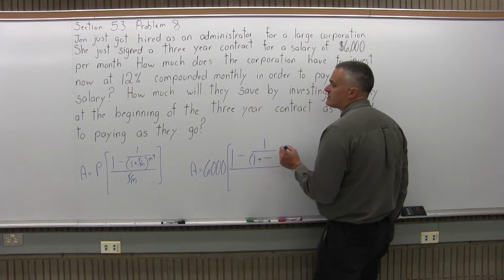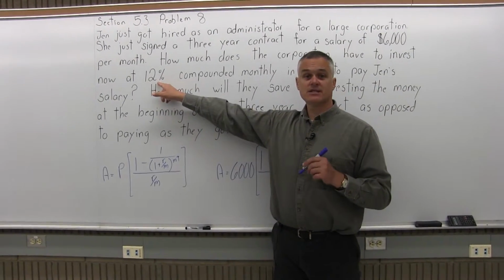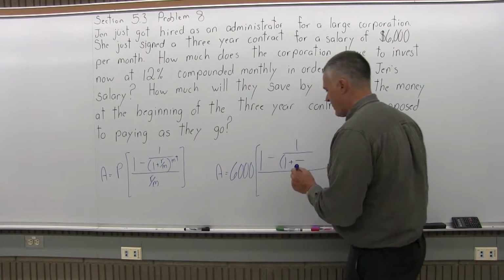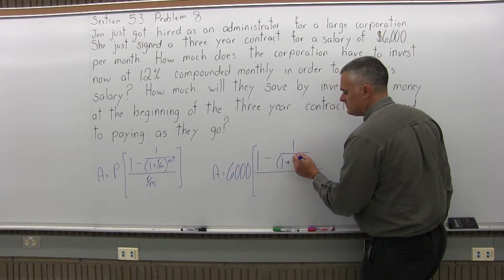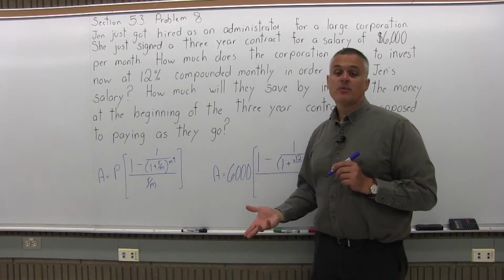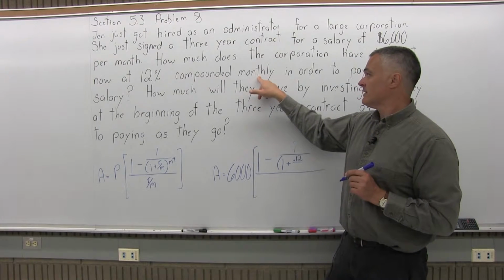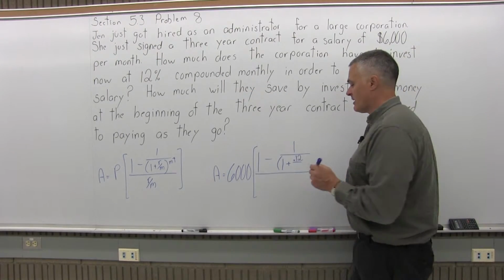So the r is the rate as a decimal. So the rate for this problem is 12%, and as a decimal, that would be 0.12 over m, and m is the number of payments per year and also the type of compounding. So this is monthly compounding, monthly payment, so m is 12.